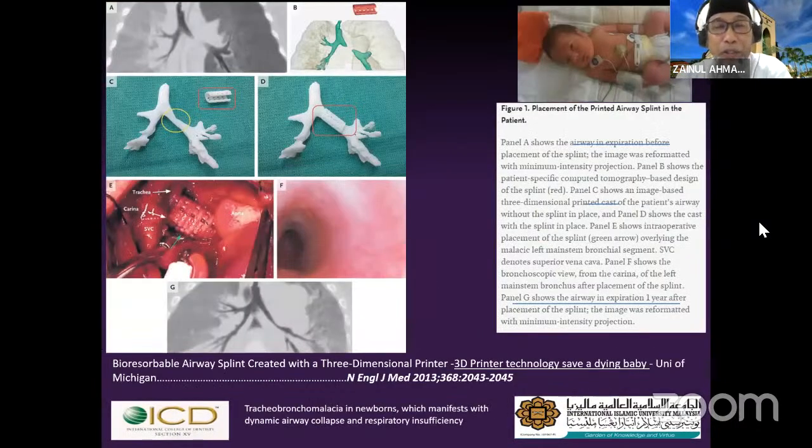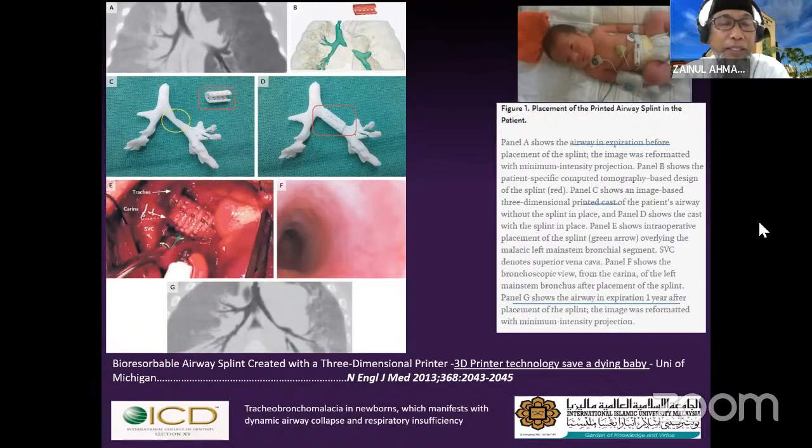I would like to start off with the importance of this 3D printing. First of all, this paper was published in the New England Journal of Medicine in 2013. A baby was born with an abnormality of the airway called tracheobronchomalacia, an abnormality of the trachea and bronchi. The baby, named Kaiba, developed some airway distress after birth and was sent to the hospital.